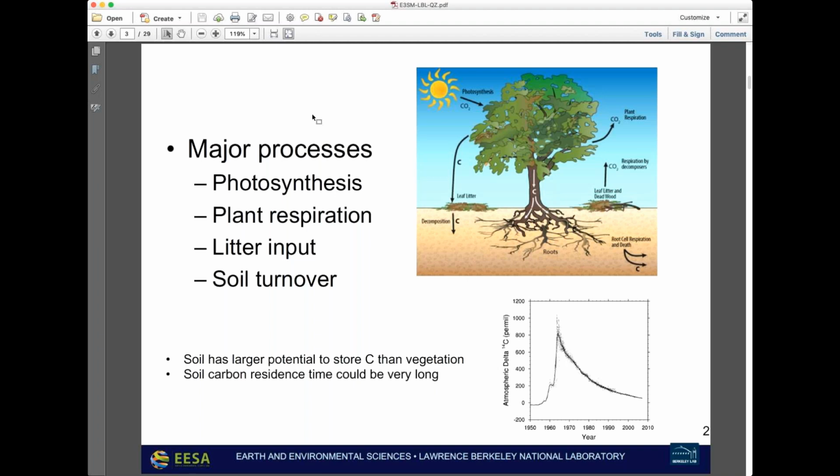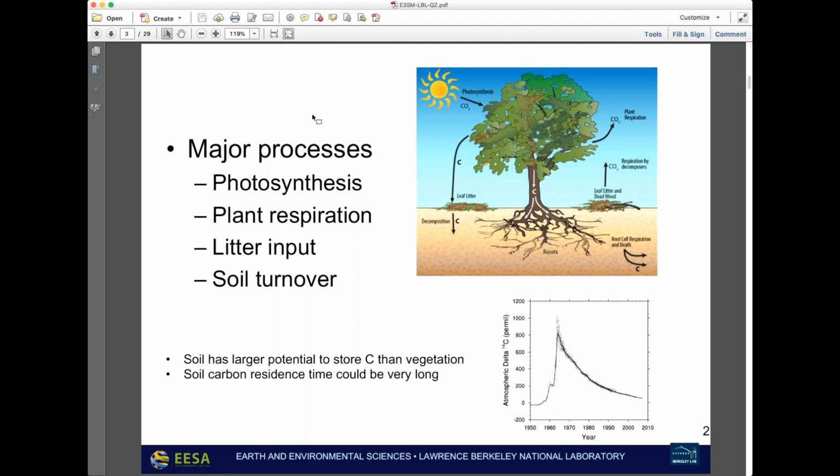Namely, there is photosynthesis, that's the major carbon entry point into the system, and it brings in the 12C, that's the most naturally abundant carbon, and it also brings in the 14C. So actually both enter into the system through photosynthesis.